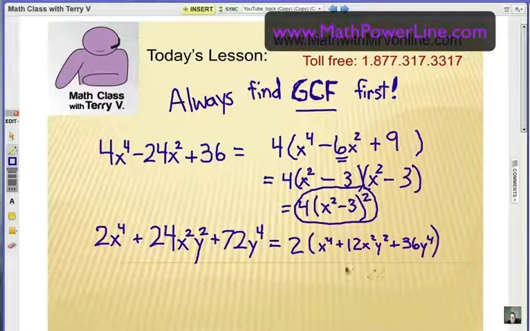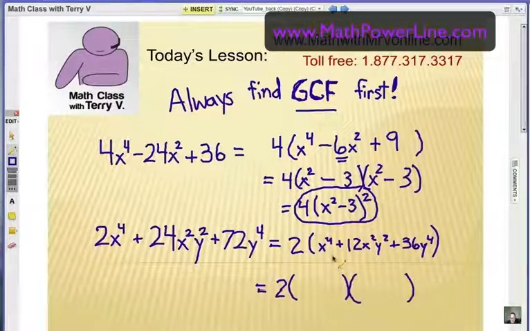Check for the perfect square trinomial pattern. Don't forget the 2 on the outside. The square root of x to the 4th would be x squared. That will go in both places. The square root of 36y to the 4th is 6y squared.